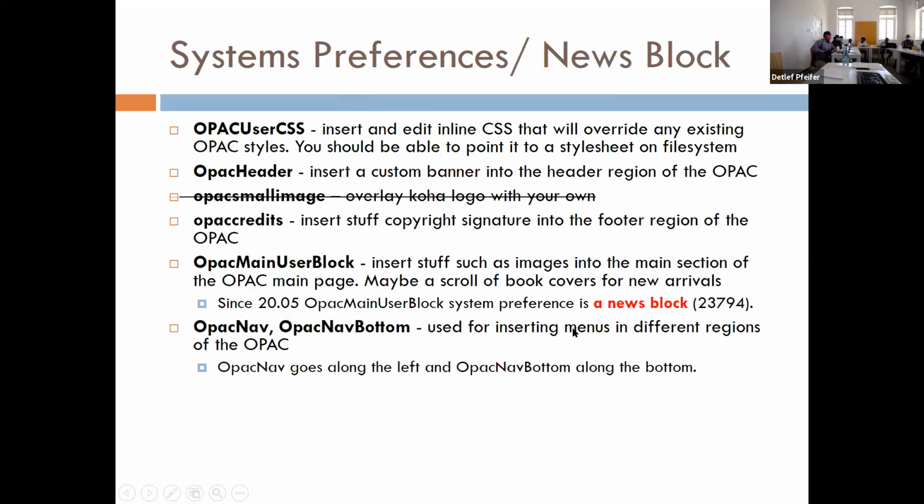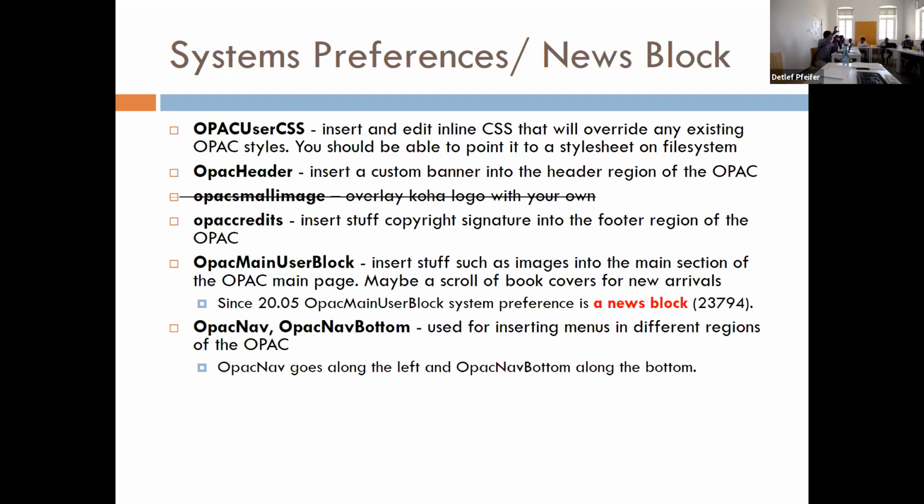Okay, here I just want to make a differentiation. These differences depend on the version of Koha that you're using. With the latest version of Koha that I have on my laptop, these preferences have been moved to the news block.